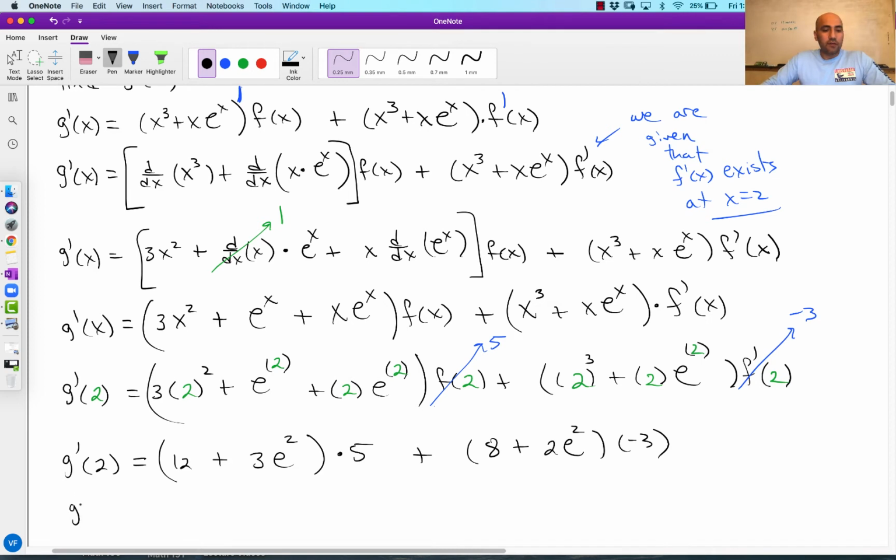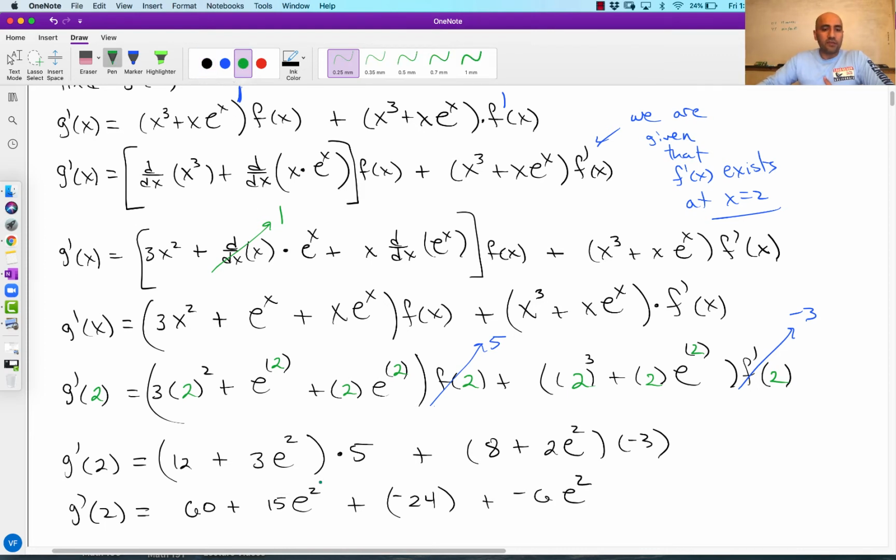So distribute and combine like terms, we end up with 12 times 5. So we end up with 60 plus 15e squared plus, and then we get negative 24 plus negative 6e squared.